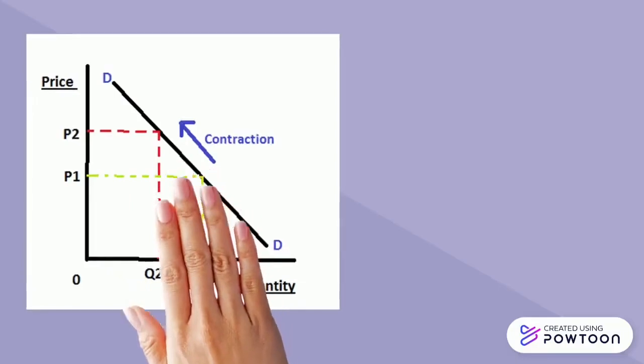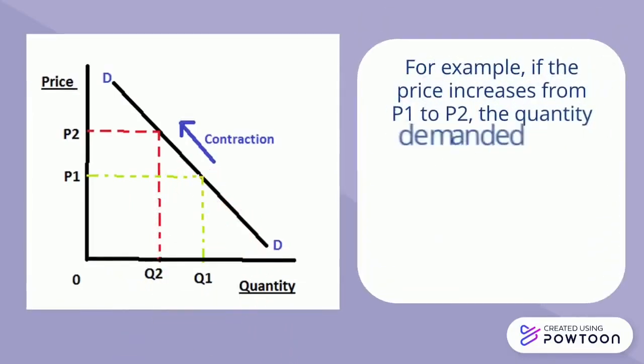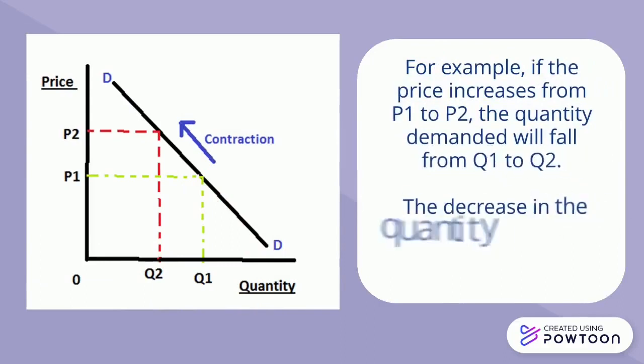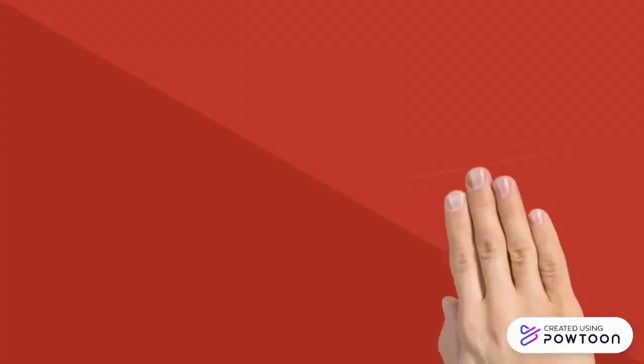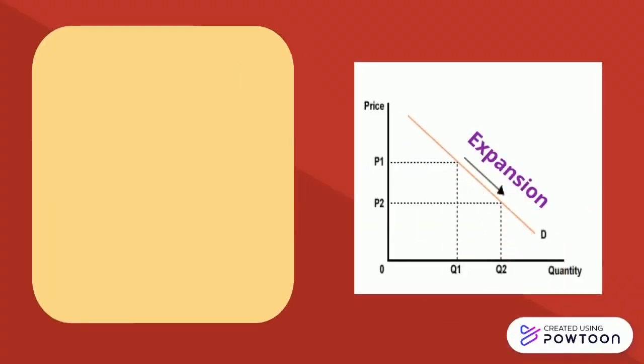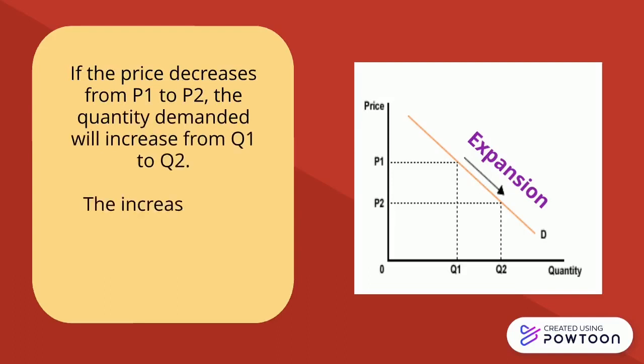For example, if the price increases from P1 to P2, the quantity demanded will fall from Q1 to Q2. The decrease in the quantity demanded is known as contraction in demand. If the price decreases from P1 to P2, the quantity demanded will increase from Q1 to Q2. The increase in the quantity demanded is known as expansion in demand.